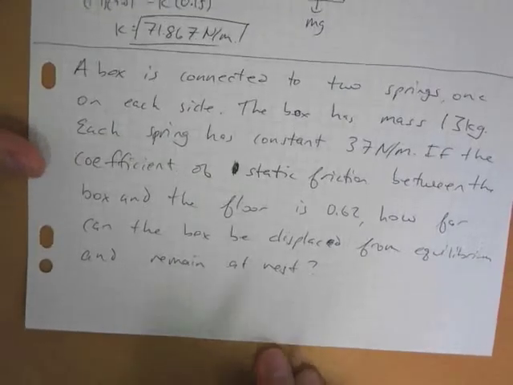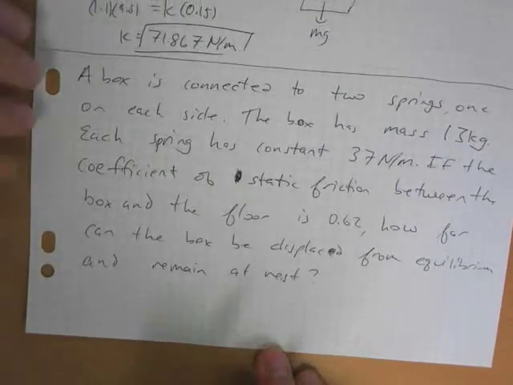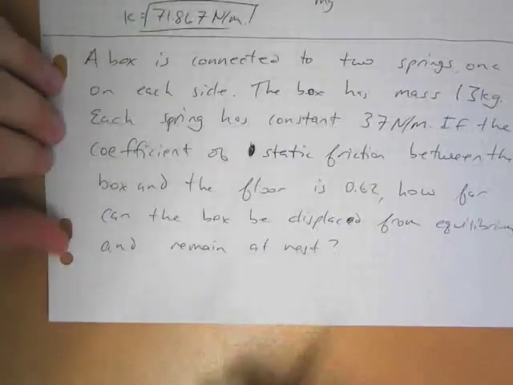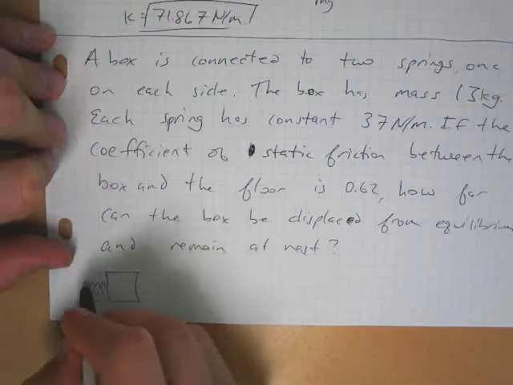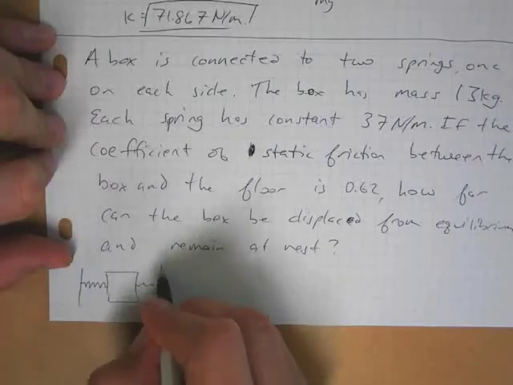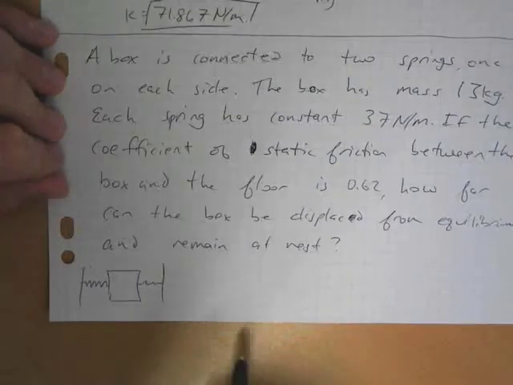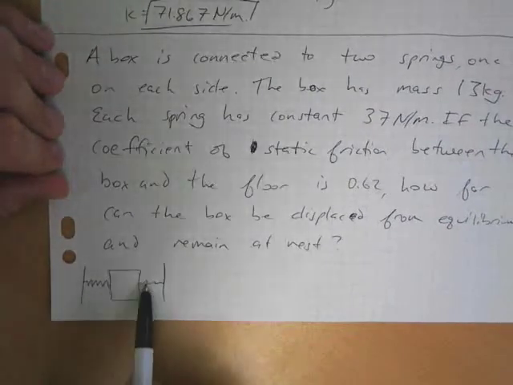So what's going on here is we've got a box, and this box is attached to 2 springs on either side of it. Now, if we move this box to the right, this spring is going to be compressed and exert a leftward force. This spring is going to be stretched and also exert a leftward force.